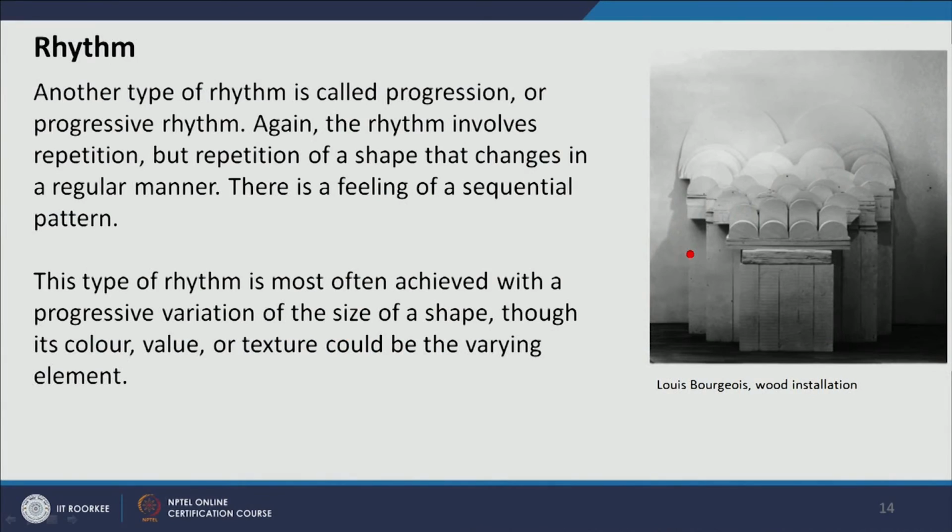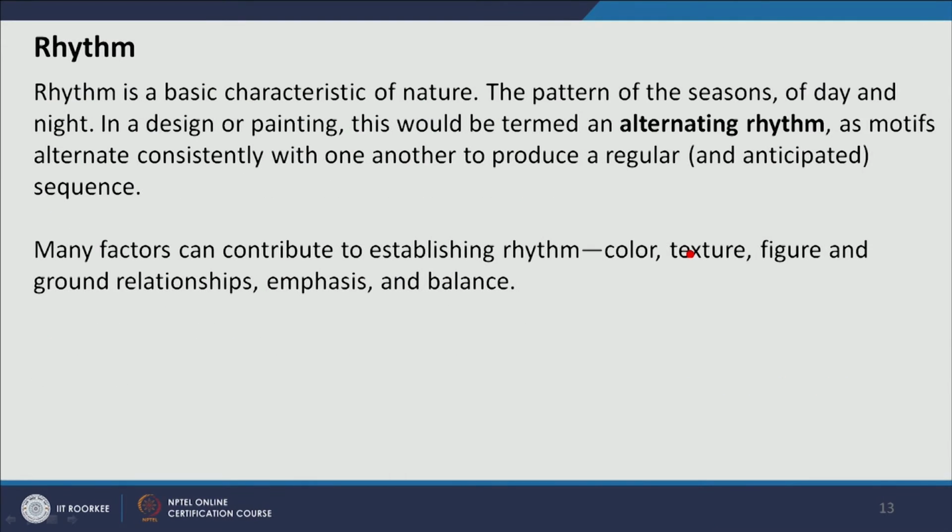In rhythm we have alternating rhythm and progressive rhythm. In alternating rhythm, the same objects are repeated, or two or three different objects are repeated in a proper number. Suppose we have three different objects: first, second, third, and again the first comes, then second and third, so there is a rhythm in the composition.